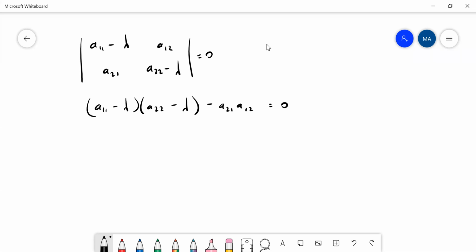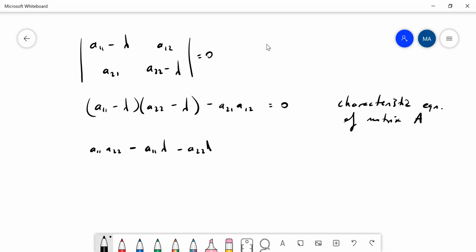Now, this equation is called the characteristic equation of matrix A. If you write this explicitly, you have A11 A22 minus A11 lambda minus A22 lambda plus lambda square minus A21 A12.